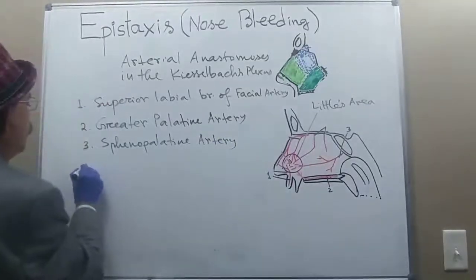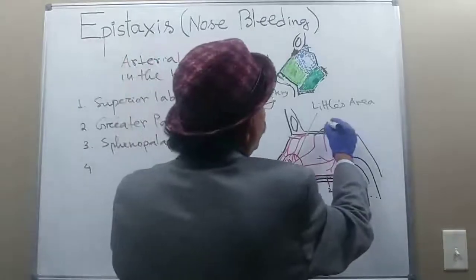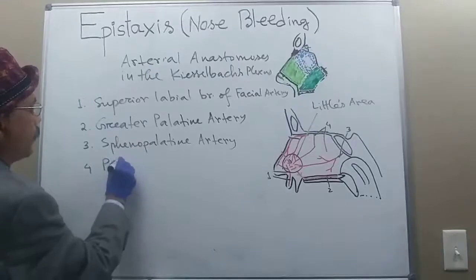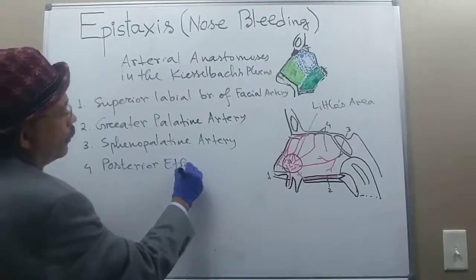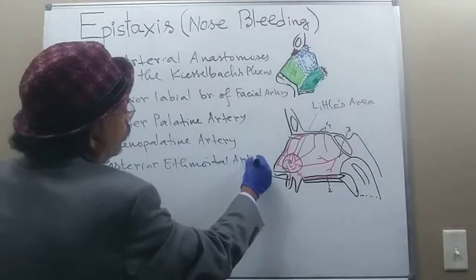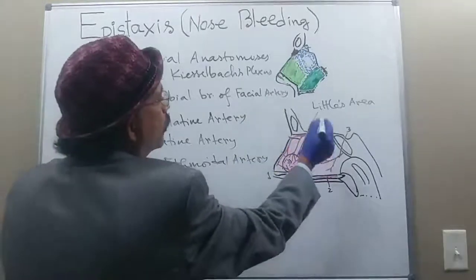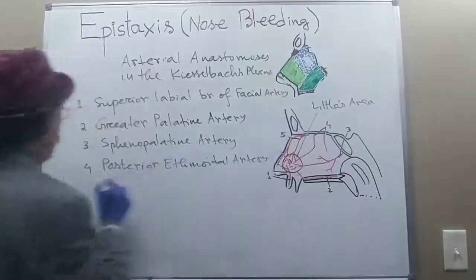Then we have the posterior ethmoidal artery here, and we have the anterior ethmoidal artery.